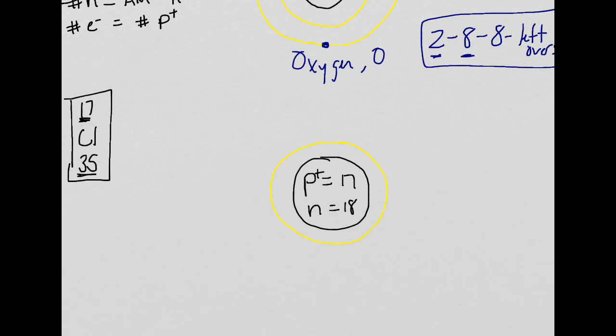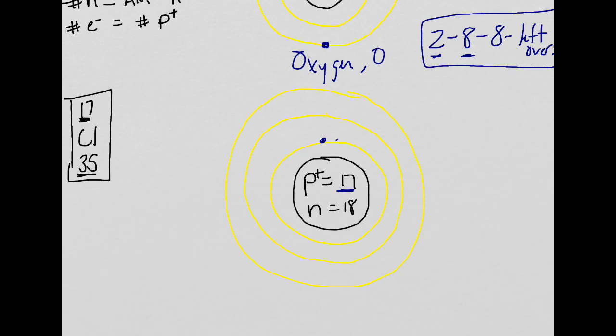Okay, we're going to need 3 for this one. 2, 3. Okay, we'll go ahead and get our blue for our electrons. So we've got 17 protons, so we have 17 electrons.